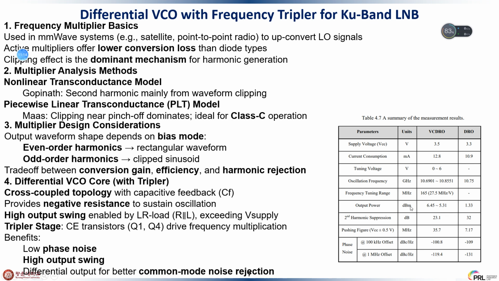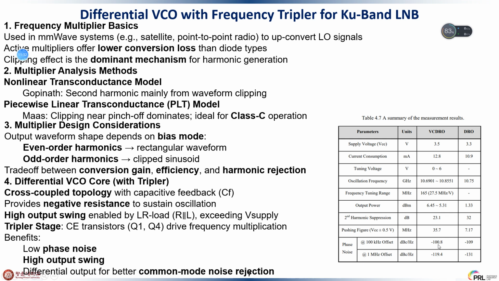So this table is the summary of the measurement results from the textbook, and we can see here the parameters like the supply voltage, current consumption, tuning voltage, oscillation frequency, and so on, and output power and phase noise.